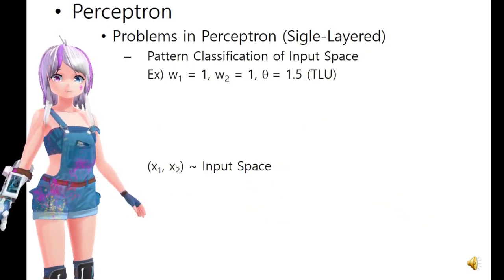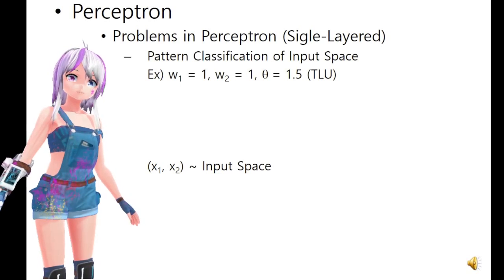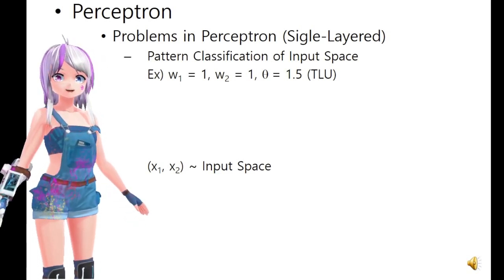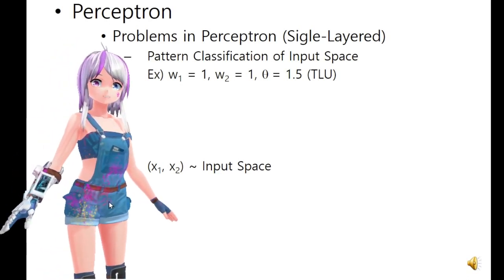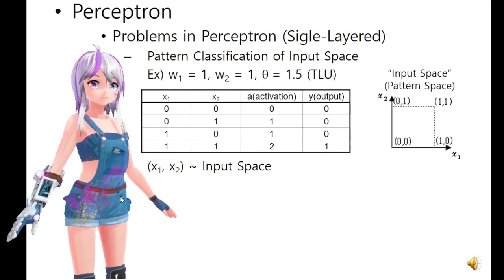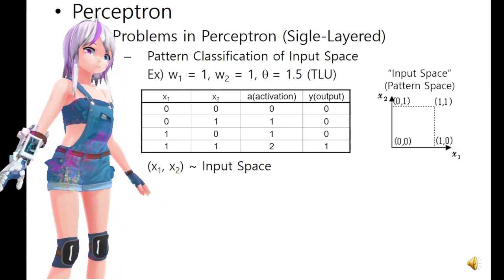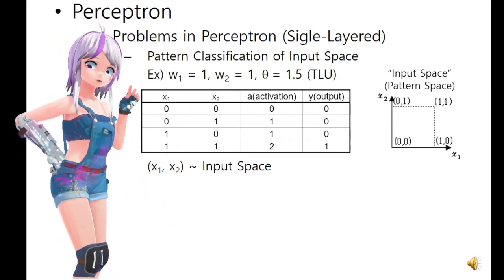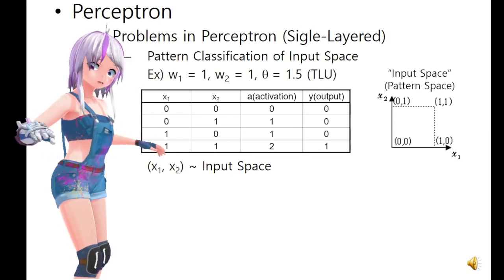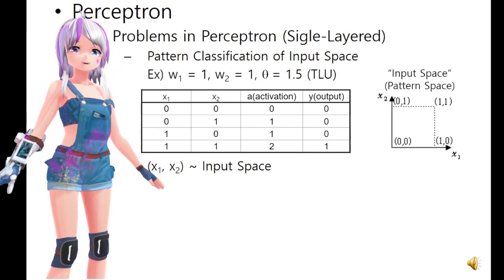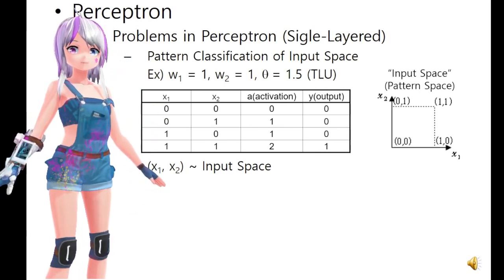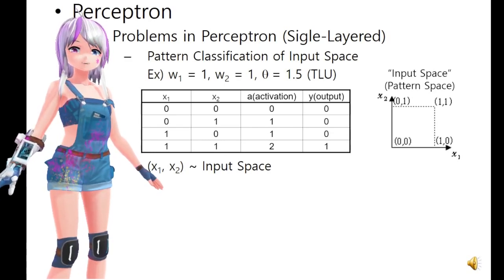Continuing the problems in the single layered perceptron, we need to classify patterns in this input space. Let's say we have 2 weights and 1 bias with a threshold logic unit. The threshold theta is 1.5, and the output should be 1 if net is greater than theta, and 0 if it is less than 1.5.